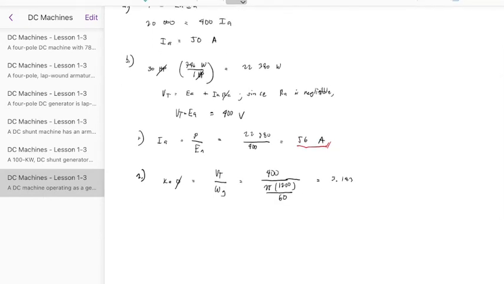Then isolve na nato ang angular velocity sa motor. So VT is equal to KA theta omega, so omega is equal to 400 divided by 3.183. So you have 125.67. So from there, ma-solve na po nato ang speed. Kay ano man na siya, omega is equal to 2 pi n over 60.